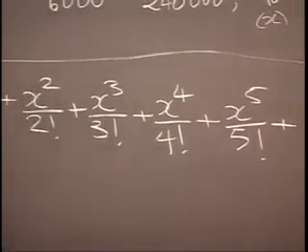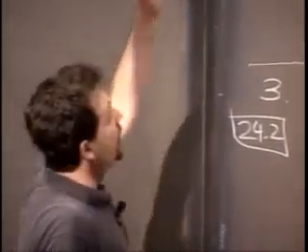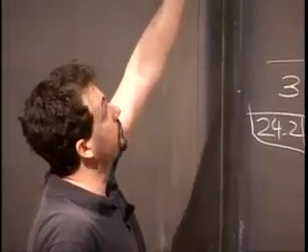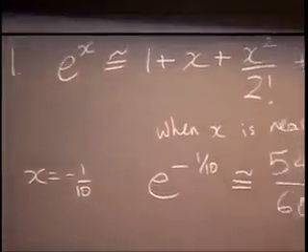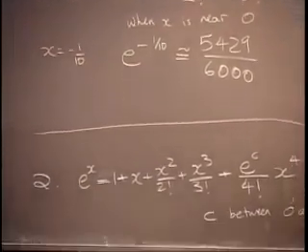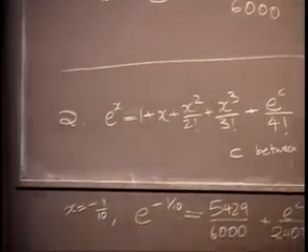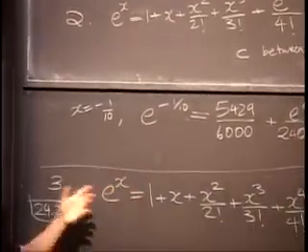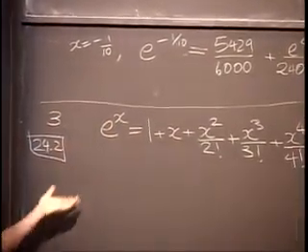So that's a different sort of flavor. In 1 above at the top of the board, it's only an approximation. In 2, it's perfect, it equals, but we don't know what c is. We just have it trapped in some range. And in 3, it's equal, and there's no uncertainty, but there's an infinite series.